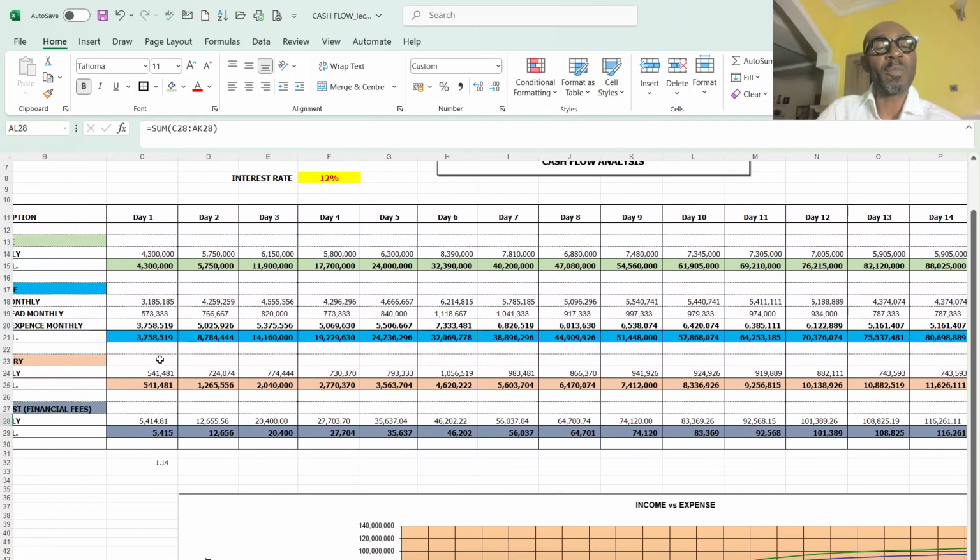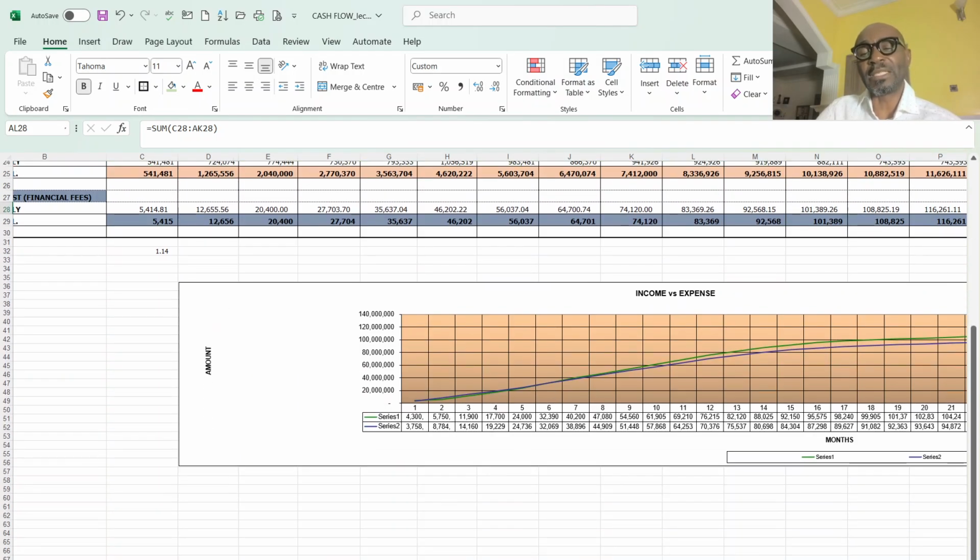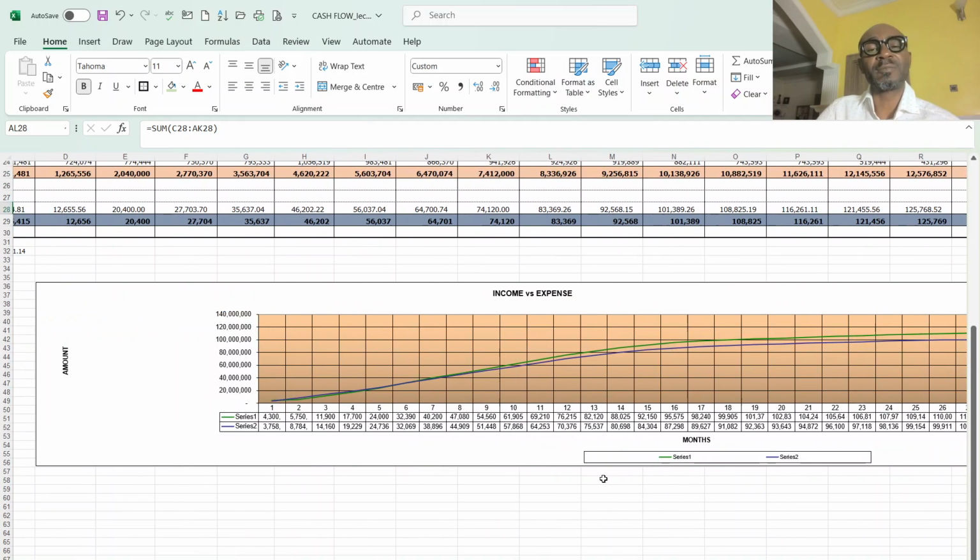So after all of this exercise, just like I said, some top managers will not have the time to go through your figures. So I prepare a chart for the expense and income.